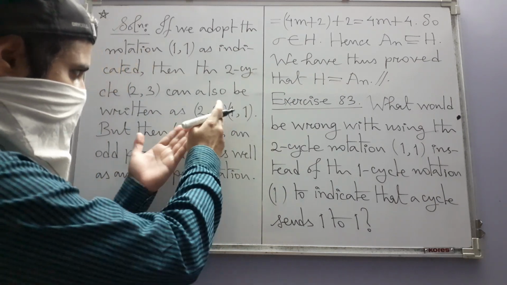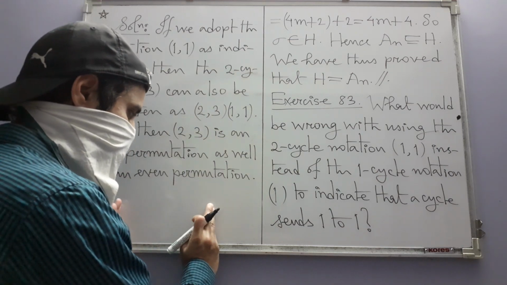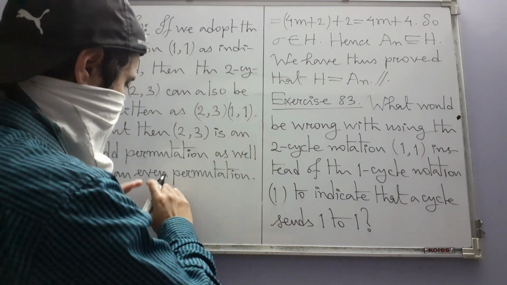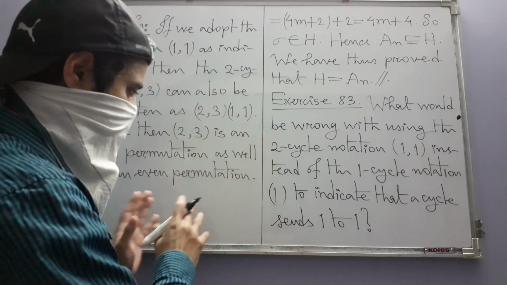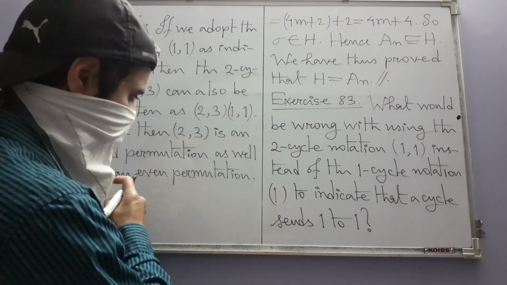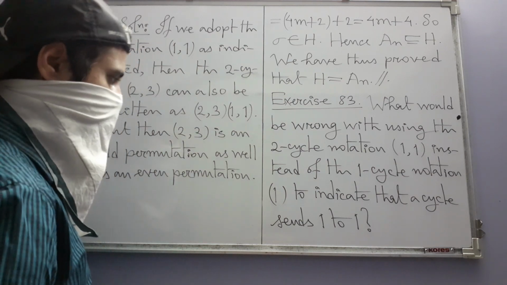Then similarly, just like this one, that original permutation, if that is even, then this will show that that is also odd. Also, if that is odd, then this way of expressing things will show that it is even also. So in general, things will come into trouble. So that's why this cannot be done.